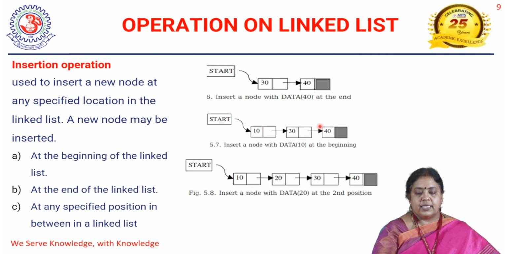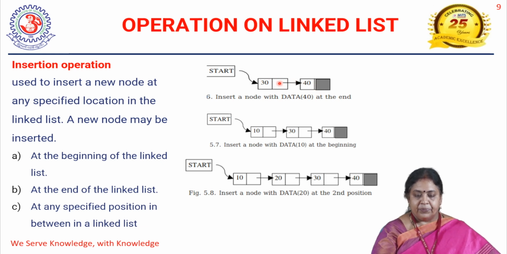See here in this diagram we can explain. Suppose we have one element in the list that we have created, that is 30. This is one node we have created. Now we want to insert another element, so we are inserting at the end. First we create a new node.